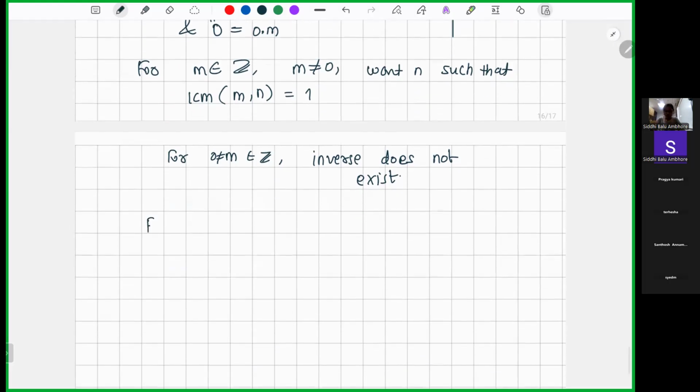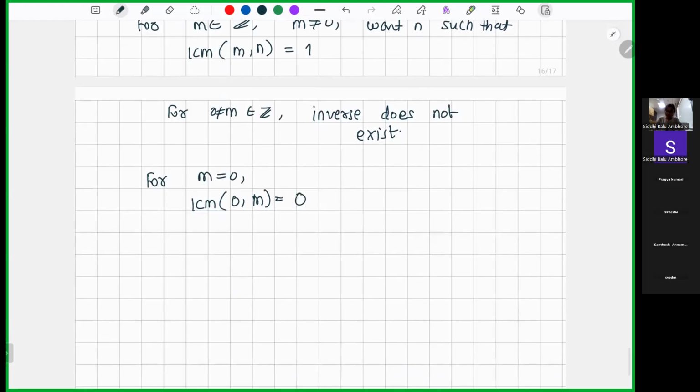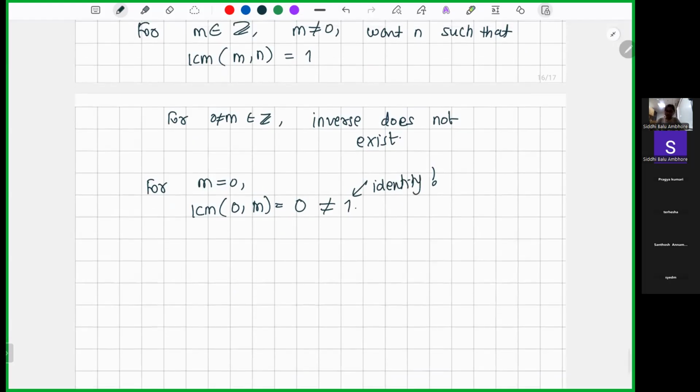And for 0, if my M is 0, LCM of 0 and M, I am taking it to be 0, but this is not equal to 1, which is my identity, right?